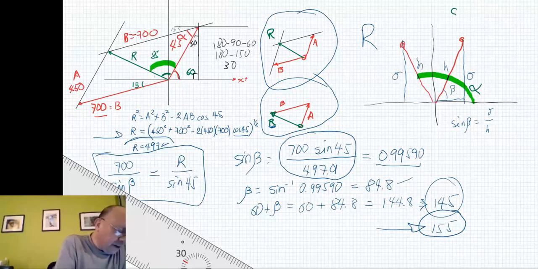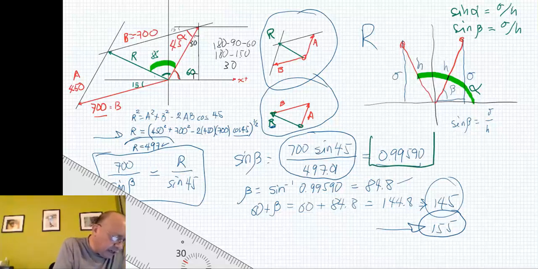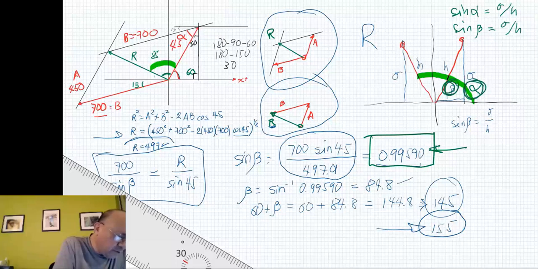The sine of alpha is equal to O over H, and the sine of beta is also O over H. So those two angles have the same sine, right? So that's what happened here. We got the sine is 0.9958, and we look for the angle whose sine is 0.9958, and we found this one, but we were looking for this one.